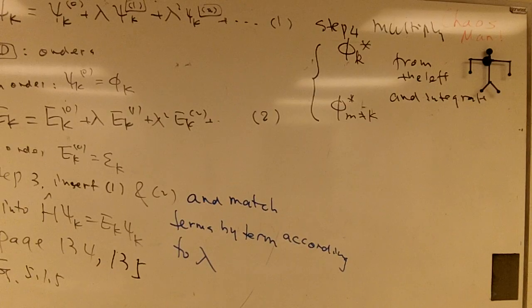Multiplying equation 5.1.8 by phi sub k from the left and integrating, we have the bracket of phi k, H hat sub naught, and psi k to the first order, plus the bracket of phi k with the operator H hat prime, phi k, which equals epsilon k, bracket phi k, psi k to the first order, plus E sub k to the first order, bracket phi k, phi k.